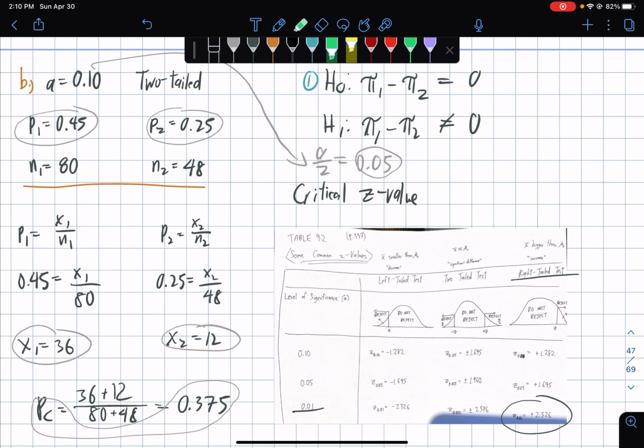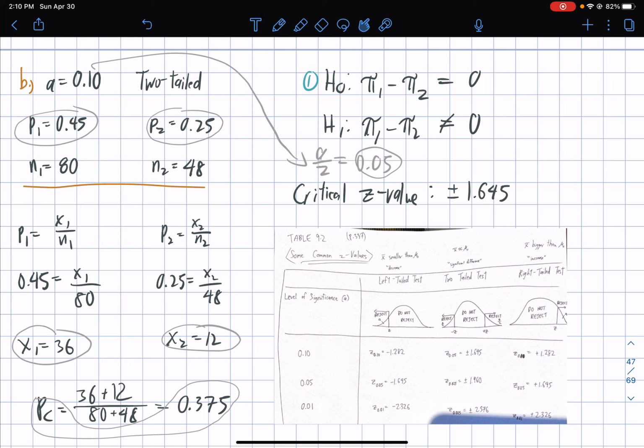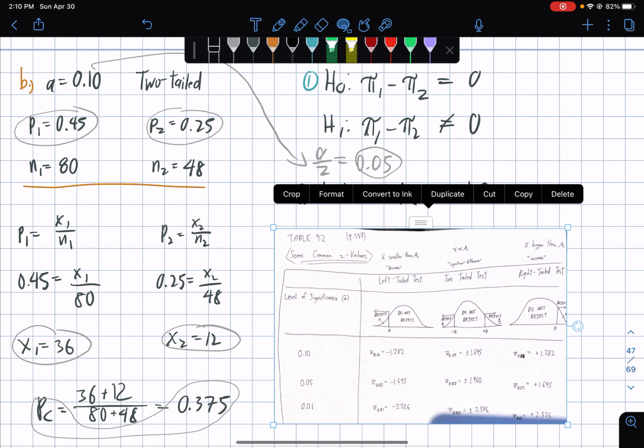Okay, so we have 0.10, and it's a two-tailed test. It's this one, plus minus 1.645. Okay, good catch. More on this paper later.